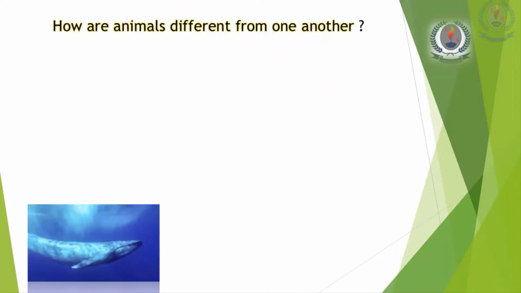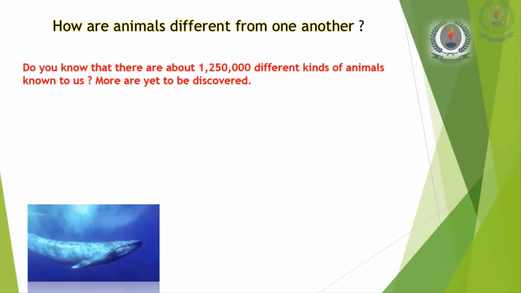Page number 51. How are animals different from one another? Children, let's see how animals are different from one another. There are different kinds of animals. More are yet to be discovered.